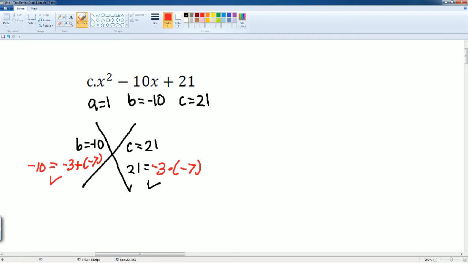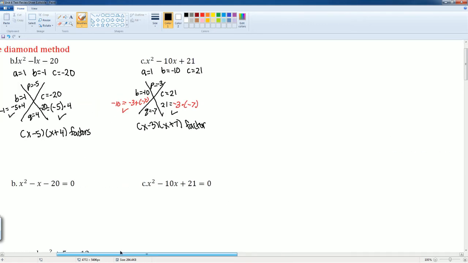So P is equal to -3 and Q is going to be -7. So my factors would be X minus 3 and X minus 7.